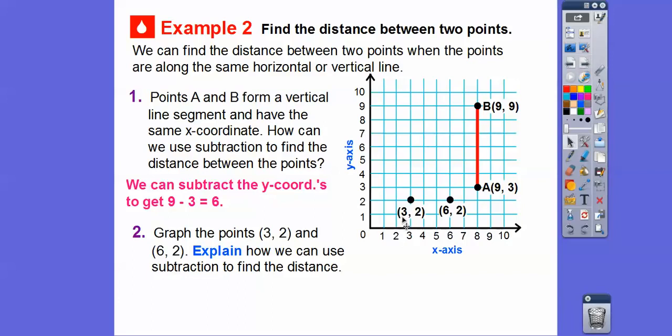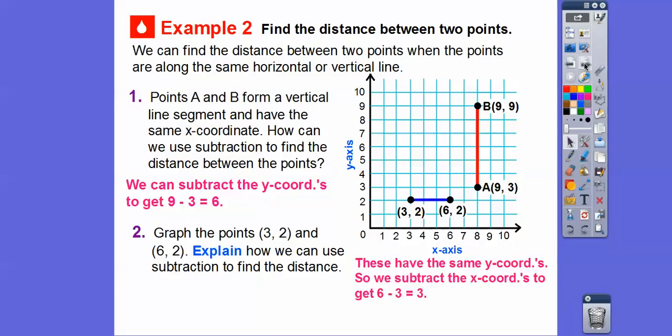This time they have the same y coordinate, the 2's right here. If they have the same y coordinates, we can subtract the x coordinates. So we subtract 6 minus 3, which equals 3.